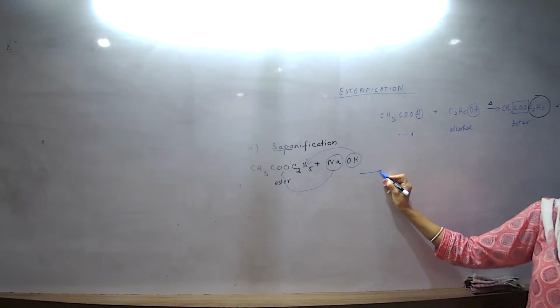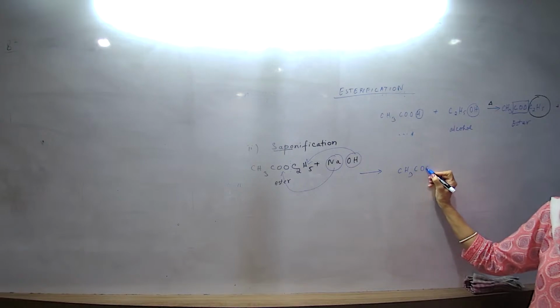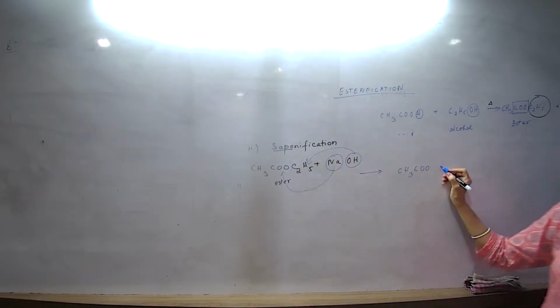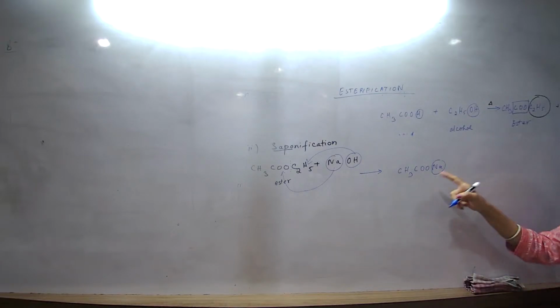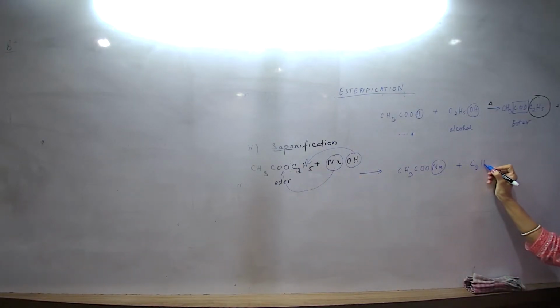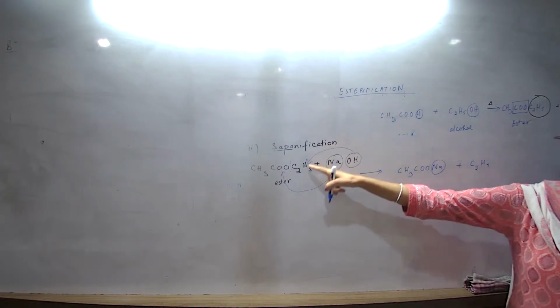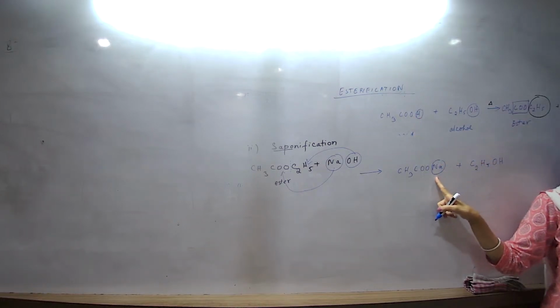So when you write down and complete the equation, you will get CH3COONa. Na has come here. Okay. And whatever is left behind is C2H5OH. So you are getting your ethyl alcohol back again and you are getting a slight variation of the acid.